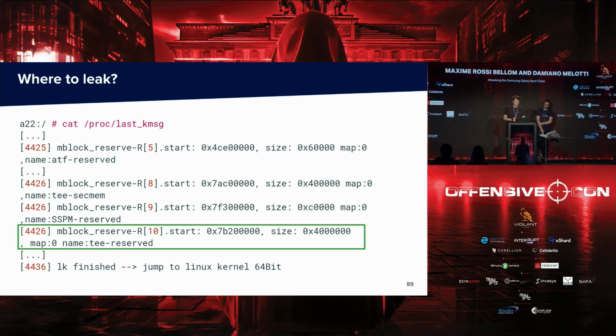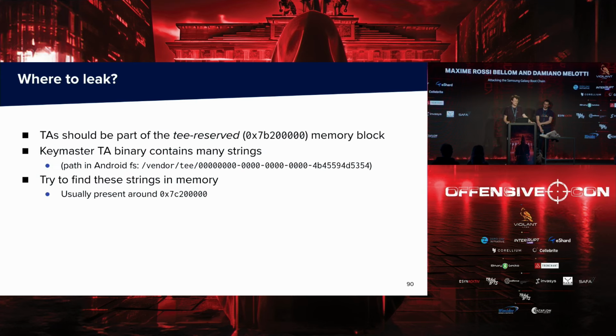So we were like, let's try to investigate that, and indeed, that's the place where TAs seem to be loaded in memory. We can find many of the strings that belong, for example, to the keymaster trusted application. And just as a reminder, the binary is available on the file system, so one can very easily have a look at it. And yeah, we do find the strings of this TA in memory.